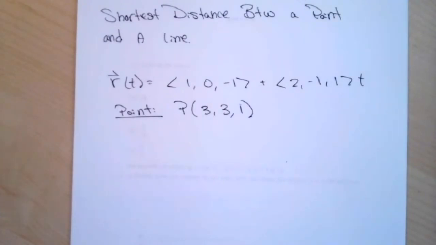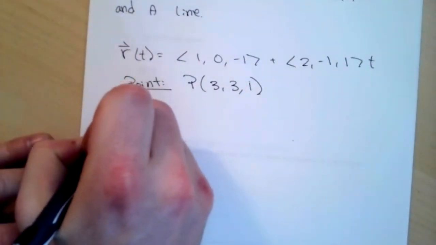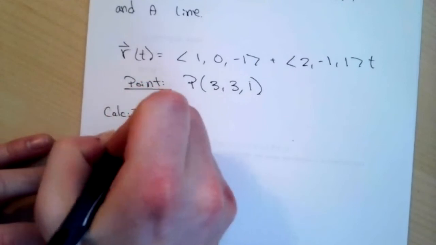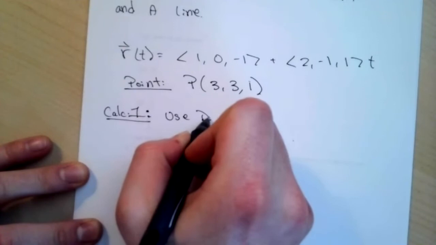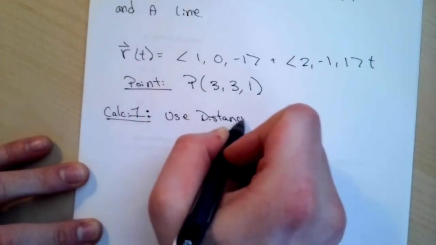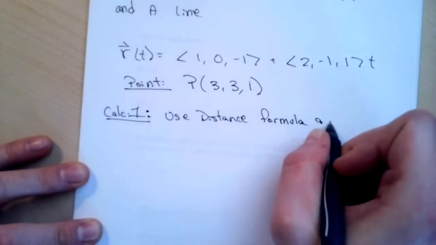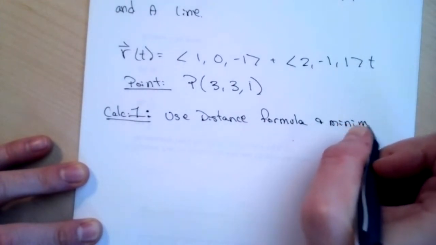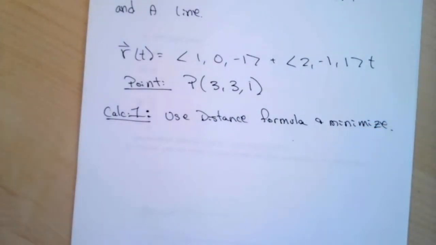So there's a couple different ways we could do this. The Calc 1 way to do it would be to use the distance formula. We want to minimize something, the shortest distance.